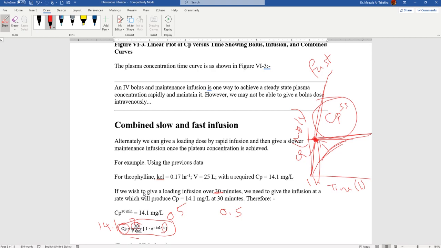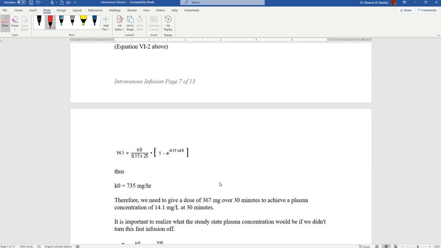If I do the calculation, what will I get? Okay, I will get that K0 is 735 milligram per hour. Now, I want you to be careful here because this is the rate that we want to use with fast infusion.